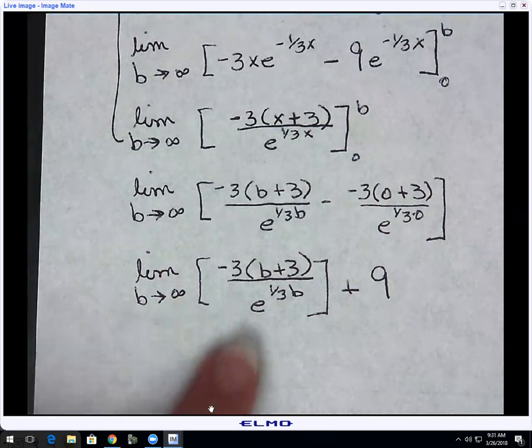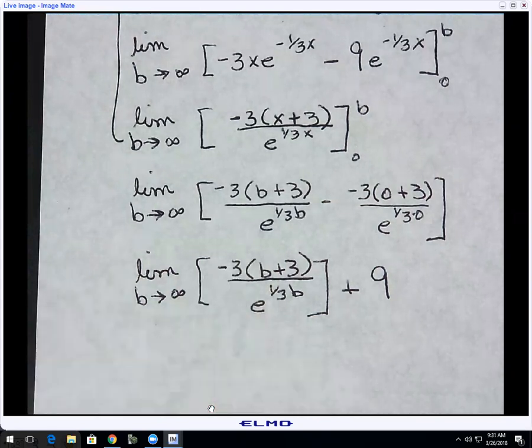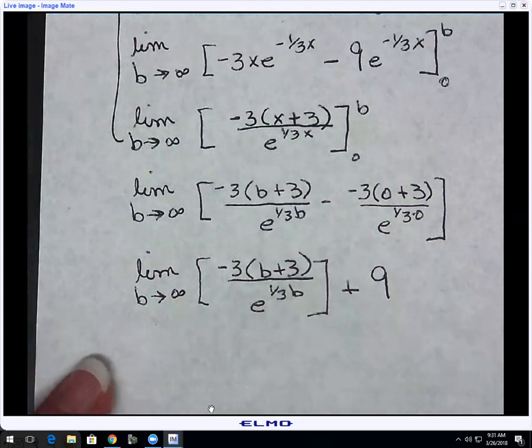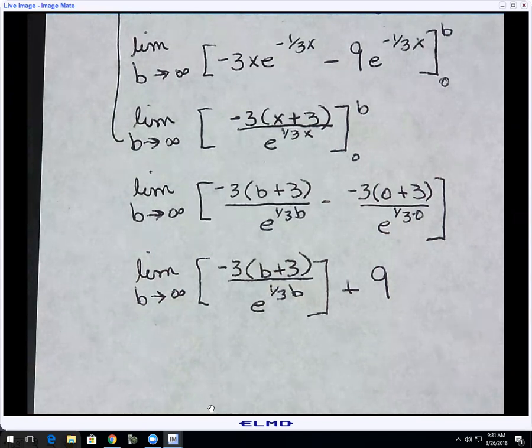If this, by direct substitution, gives me infinity over infinity, then what does L'Hopital's rule say that I can do? Take the derivative of the top and bottom. You can just notice this. You don't always have to write it down once you realize anytime you have a polynomial over e to the something, what is the numerator eventually going to differentiate to? 0 divided by huge is 0.